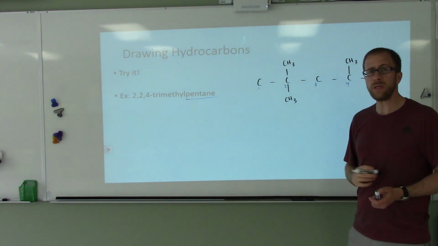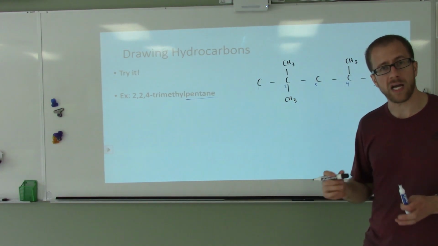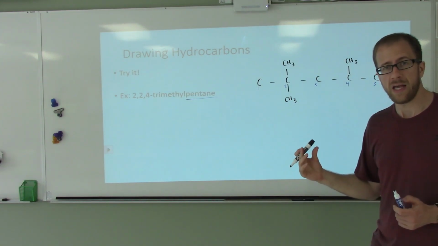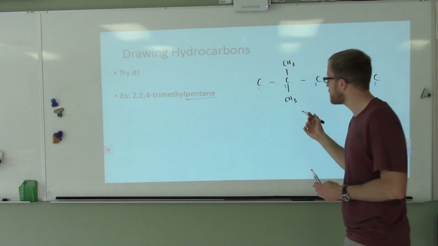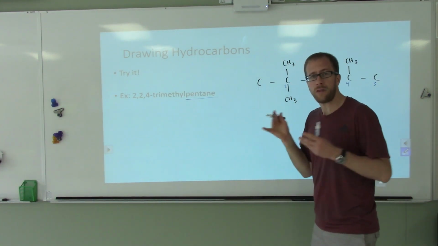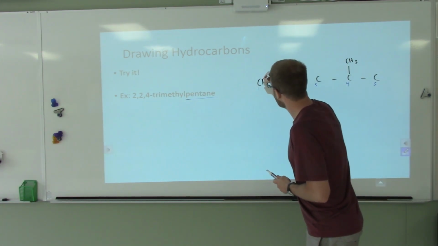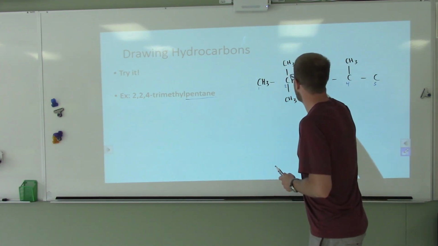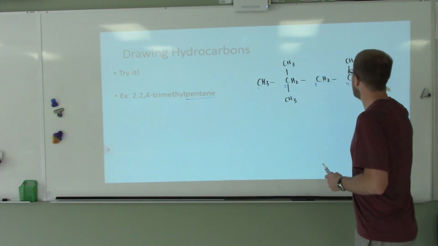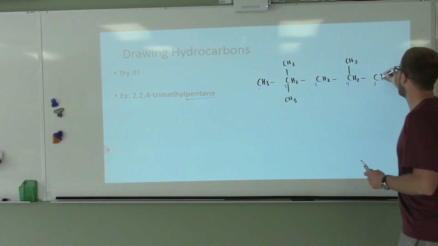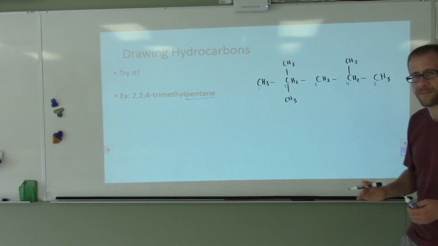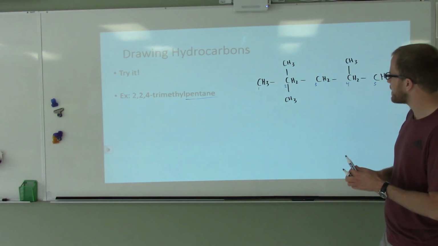And then lastly, we do need to add the appropriate number of hydrogens. And again, this is where students often make mistakes. They will try to do everything all at once, and they will often do this. They just put CH2 for all of those carbons in the middle. Now if we look, why is that wrong?